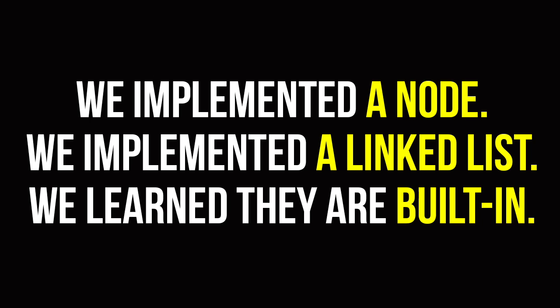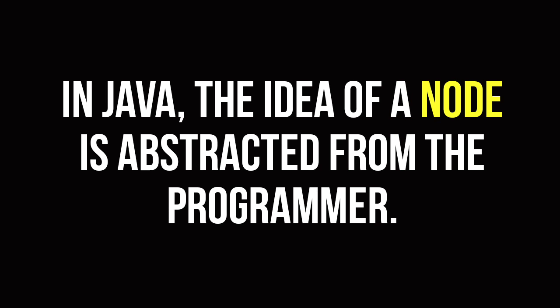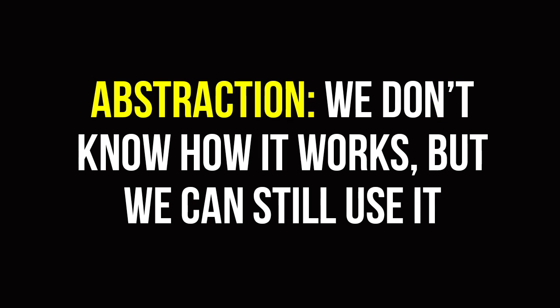And then we learned, we did all that work for no reason because they're already built into Java. But in Java, you could have no concept of the idea of node and how they're connected and still use it, which is a little scary, but also really cool because that means you can use other things and not know about their implementations. And by abstraction and hidden implementation, I mean there's code that you don't know about that's there and you can still use the method and not even know about what's going on behind the scenes.